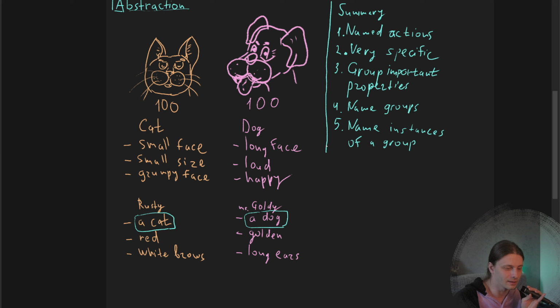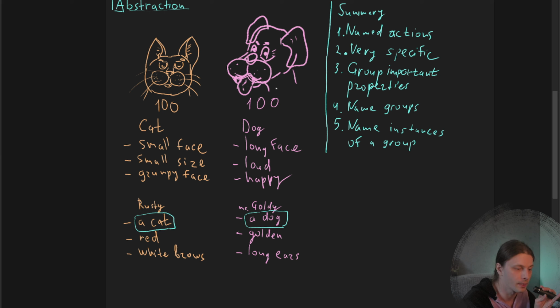So it's not as obvious as you might think. So at this point, we know what abstraction is, and we invented it.